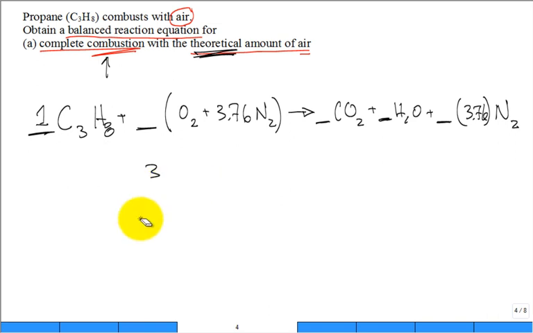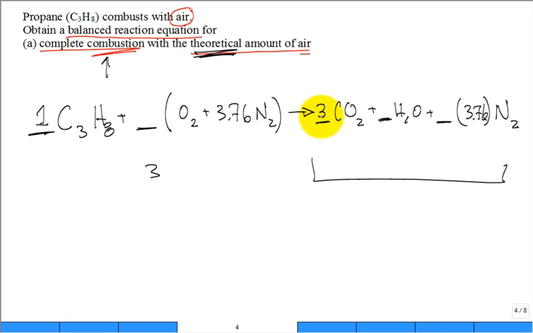How many carbon do I need on the right-hand side? If I have 3 on the left, to be balanced, I must have 3 on the right. Where's the only place that carbon is on the right-hand side? In the CO2. And there's a subscript 1 on this carbon. When we have a subscript 1, we just don't write it. So how many CO2s do I have in the products? You're good.